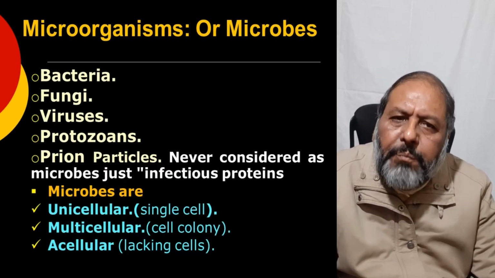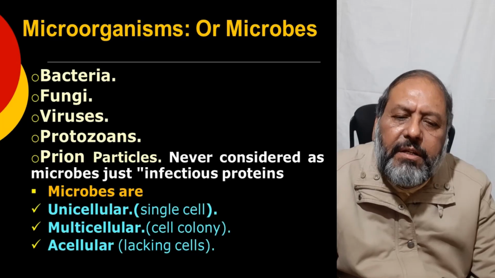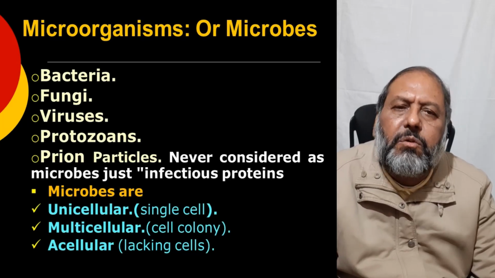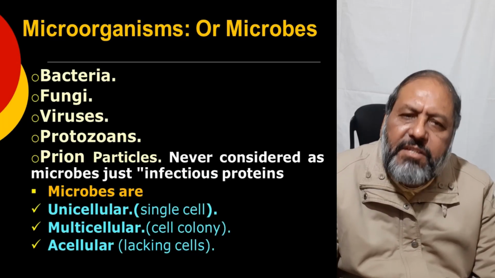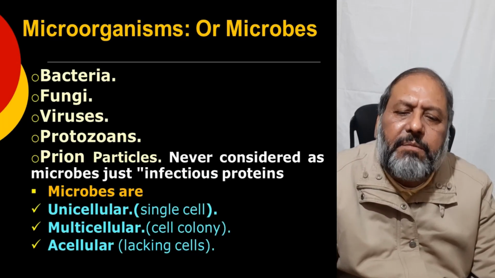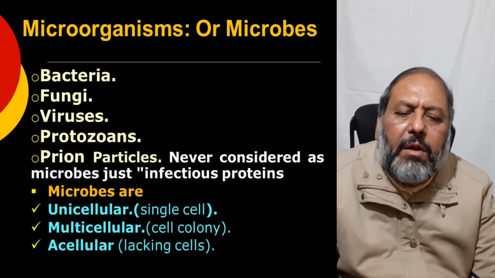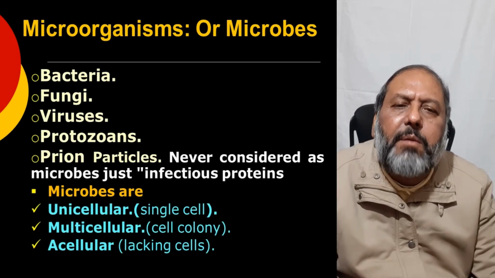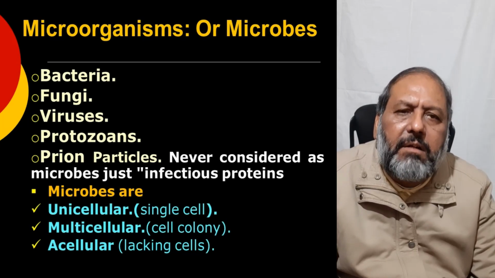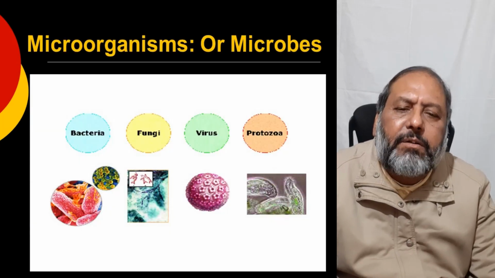And microbes are usually unicellular, so they are single cell, can be multicellular, a cell colony of the different germs, or acellular, which are lacking cells, like the prion particles. So these all are covered under microbes.